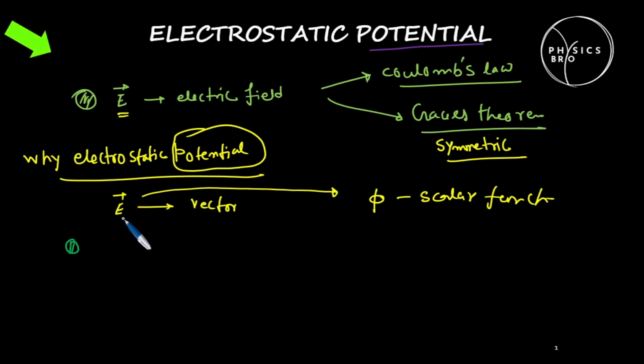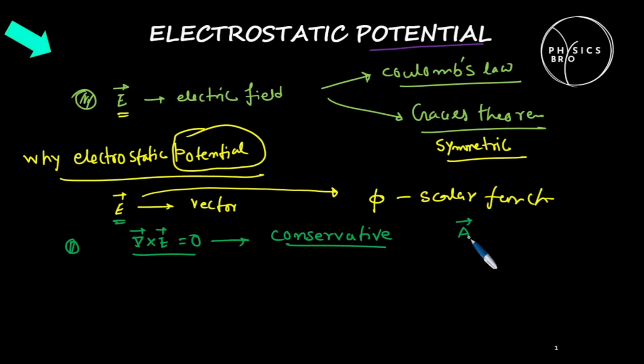There is a special property of electric field, that is curl of E equal to 0. So this is a conservative field. For any conservative field, say A, there is a very important and crucial vector identity: if there is a conservative vector, you can define a scalar function for it.